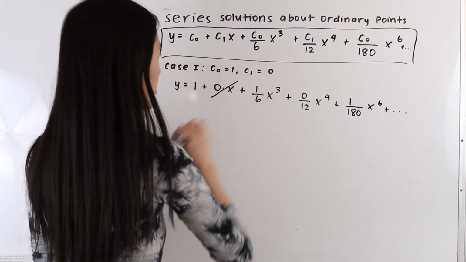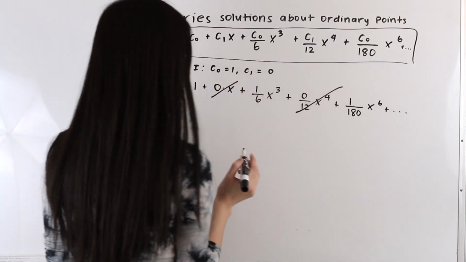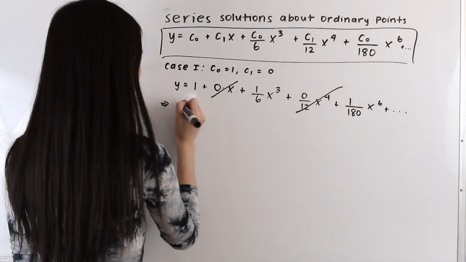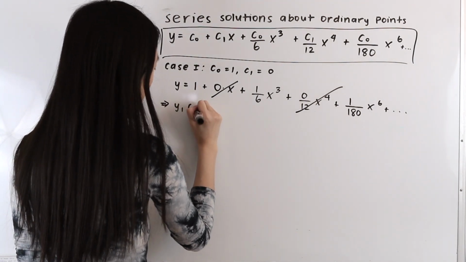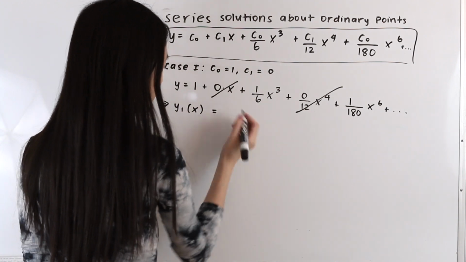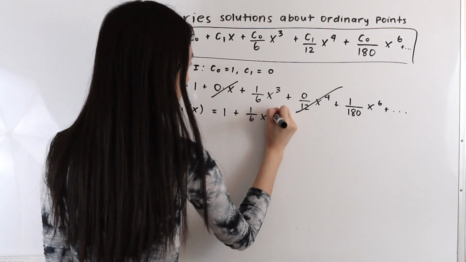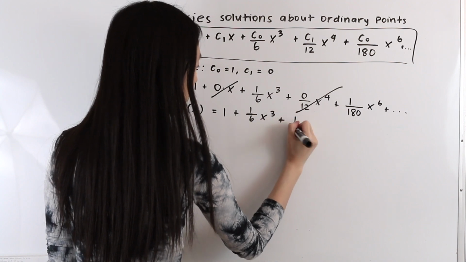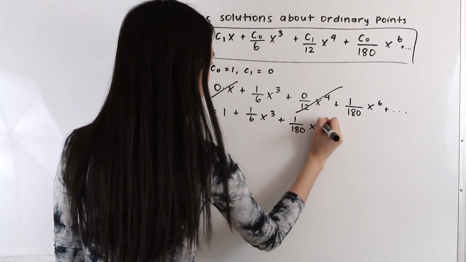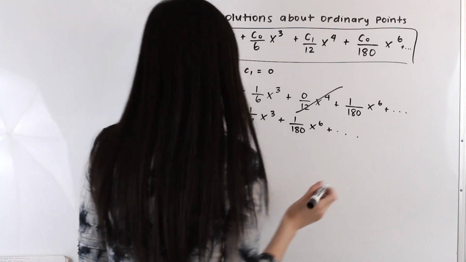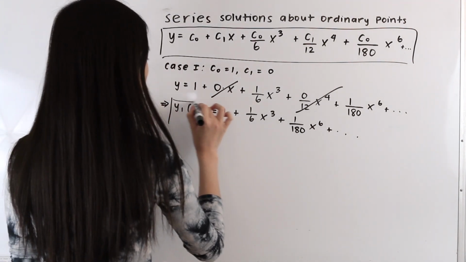So this is equal to 0. This is also equal to 0. And so for y1 of x, we have 1 plus 1 over 6 x cubed plus 1 over 180 x to the sixth, and so forth. And so this is our first solution.